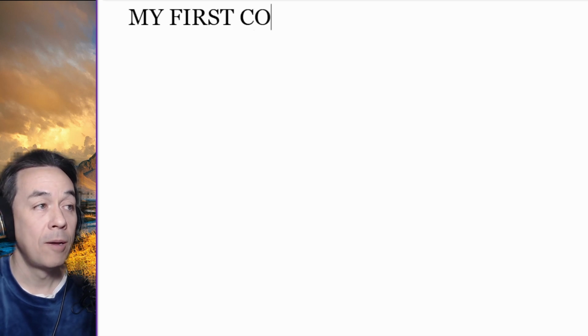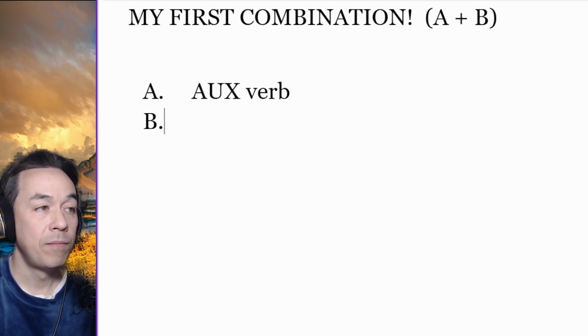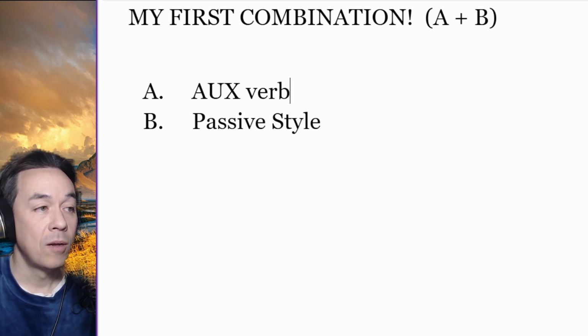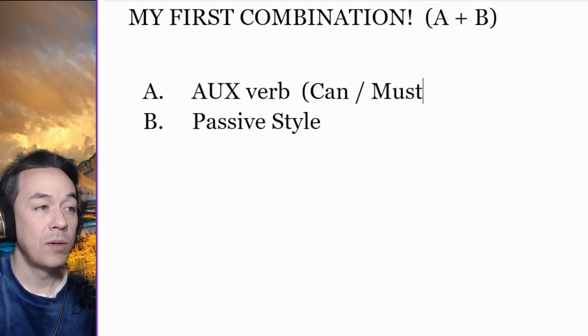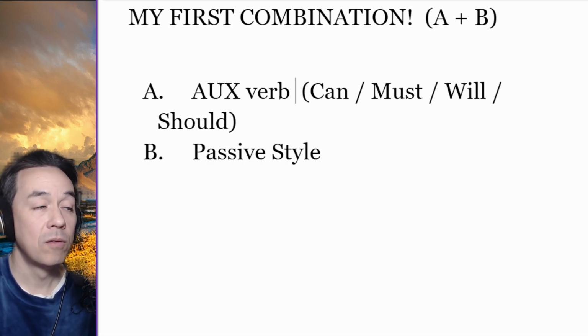So the review is finished, which is my first combination, right? Which is the A plus B. So what is A again is the auxiliary verb, and B is the passive style, right? So words like can, must. We'll say can, must. We'll say will. And how about, should. That's enough.